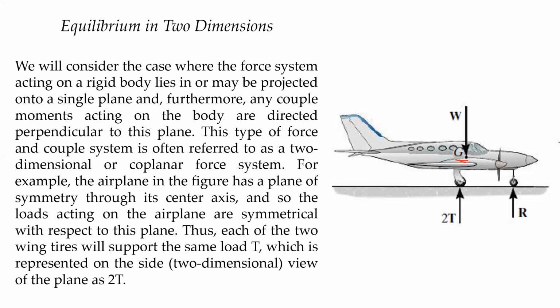It means that whatever weight our plane has, it is supported by the tire at the back and the tire at the front. If you observe, the weight of our plane, which acts at the center of gravity, is directed closer to the wing tires, our 2T.